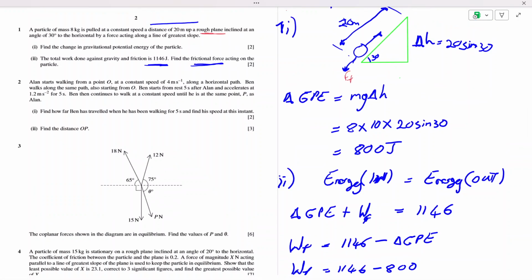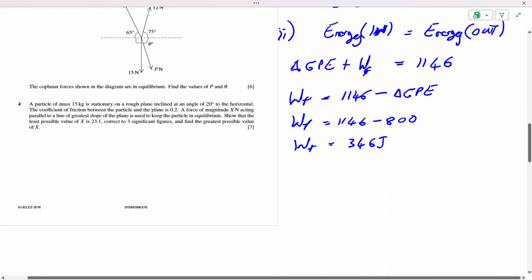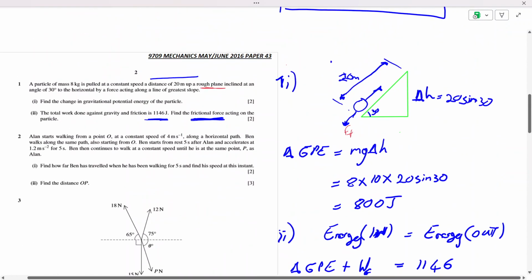But we haven't answered the question, since it says find the frictional force. We know that the formula for work done against friction is equal to frictional force, F subscript F for friction, multiplied by the distance it travels. We know that the particle travels a distance of 20 meters up the inclined plane from the question.